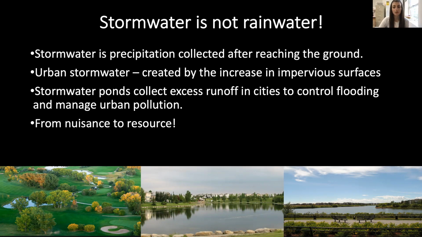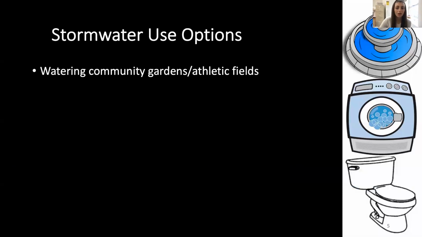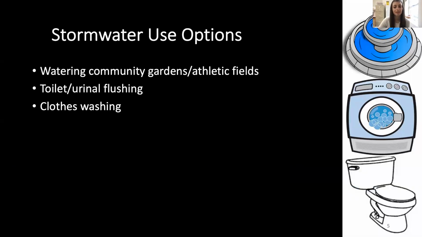Therefore, stormwater, which was originally seen as a nuisance, is now seen as a potential resource. And so we can reuse stormwater in a variety of ways, such as watering community gardens or athletic fields, toilet flushing, clothes washing, firefighting, and water features.